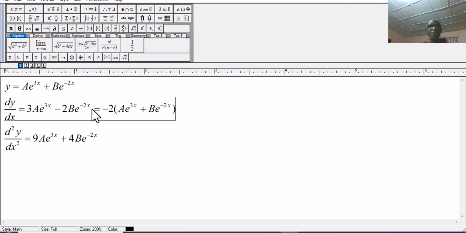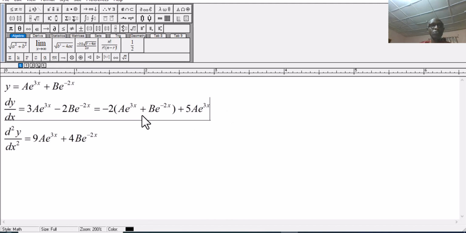By the time you expand this, minus 2 times a gives you minus 2a, which is not the same as this, and I need to get 3 here. So I can add plus 5a e raised to the power of 3x.